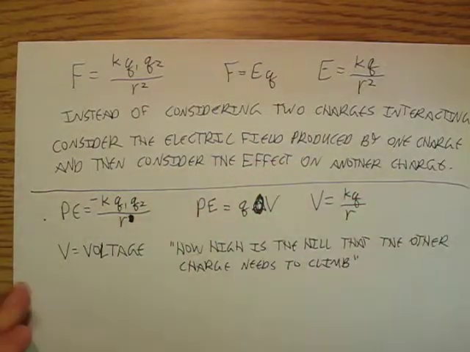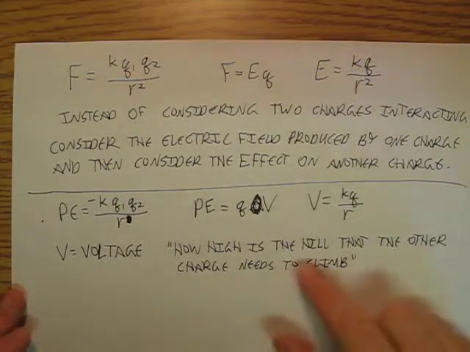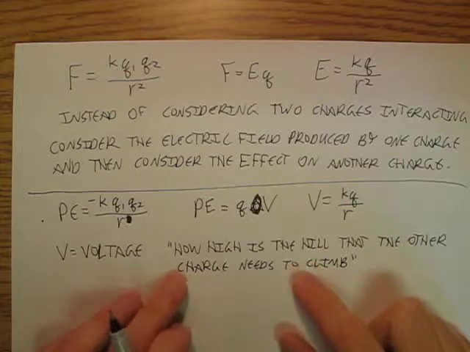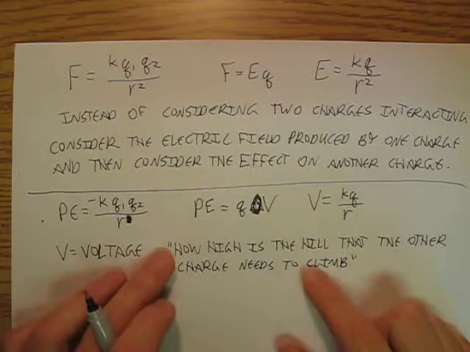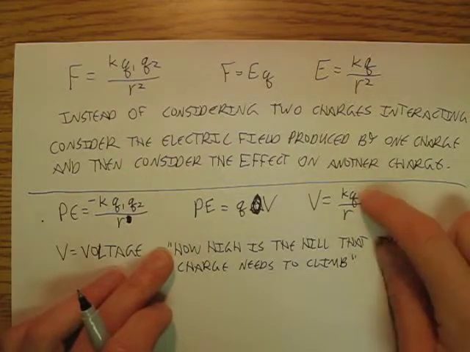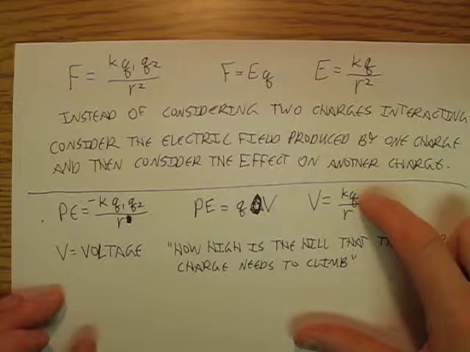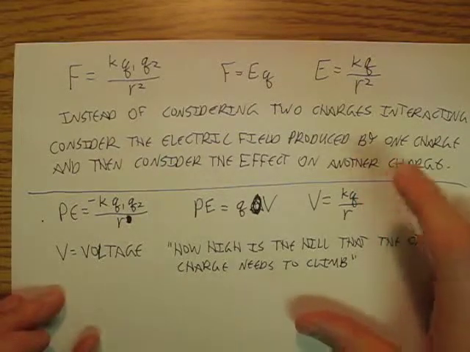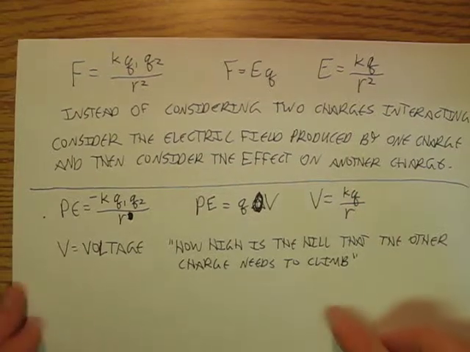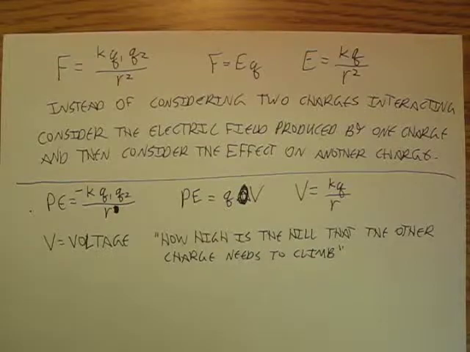It's not three dimensions. There's no gravity. So this is a flawed analogy. But voltage is kind of like how high is the hill that the other charge needs to climb. If I have a very, very high charge here, then that hill is going to get steeper and steeper as I make that charge more and more. Okay, so I'm going to leave that, and we're going to continue talking in the next video.